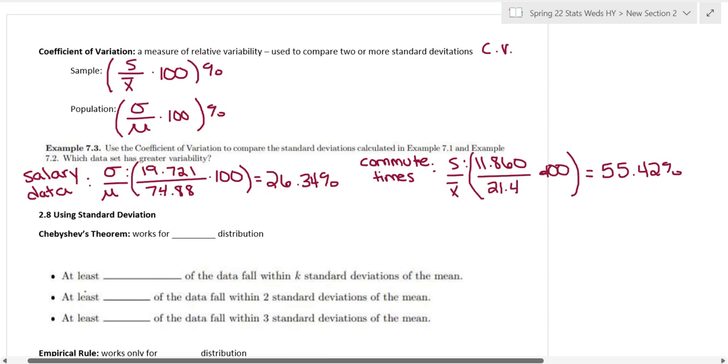So we got our coefficients of variation, and then which one has a greater variability? The second one. So commute times have greater variability.